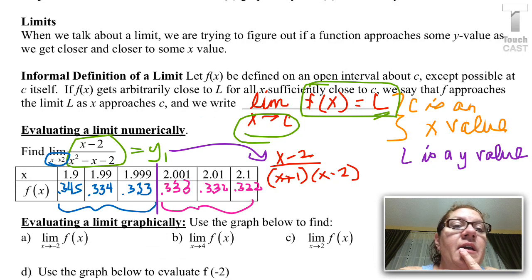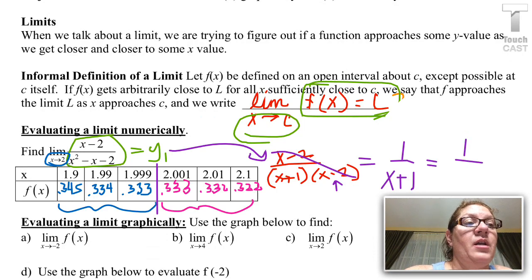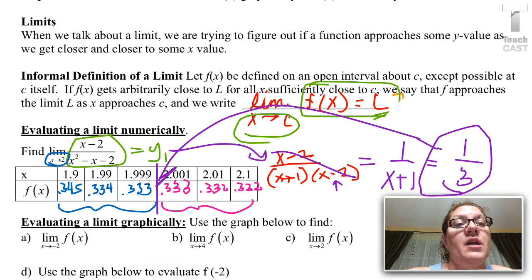And if you notice, over here, I decided, what if I factor it? Currently, I actually don't even know that I can't put in 2, but the minute I factor it, I go, oh yeah, I can't put in 2 because it would cause that denominator to be 0. But if I cancel these out, then I'm left with just 1 over x plus 1, and I can put 2 in for that, and I end up getting 1/3, which confirms what I was getting over here in the table.